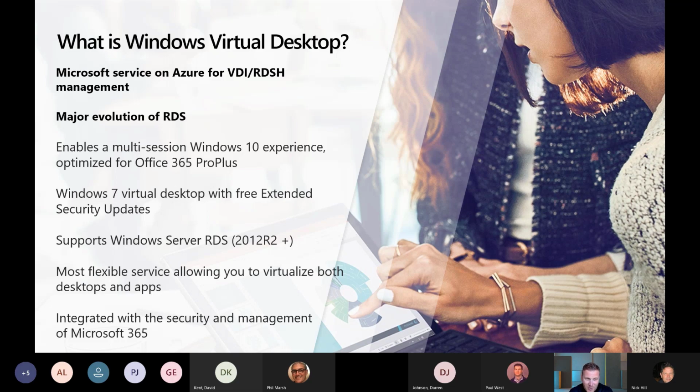As part of WVD, we have a new feature called Windows 10 Multisession. Now, that is a feature of WVD. It is not a SKU of Windows that you can purchase and download and run anywhere. It can only be run inside of WVD. We do support Windows 7, and customers are getting what remains of 3 years of free extended security updates.